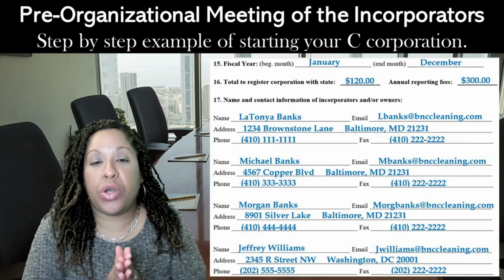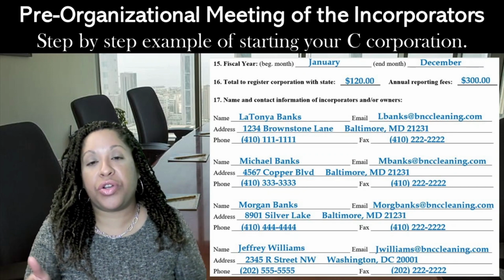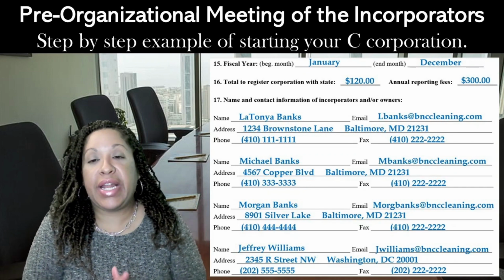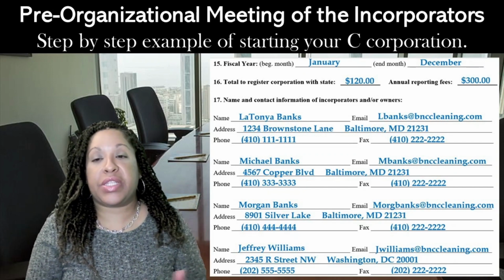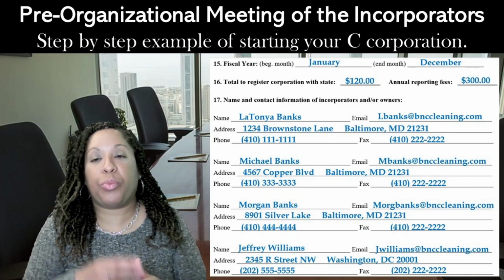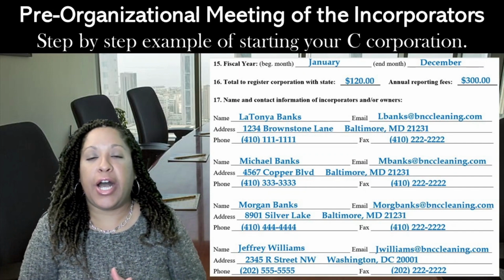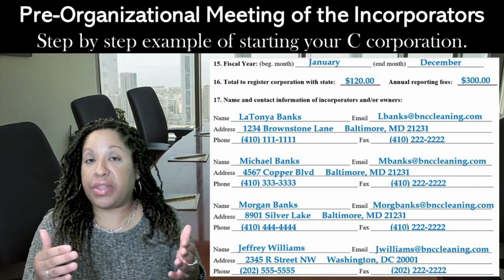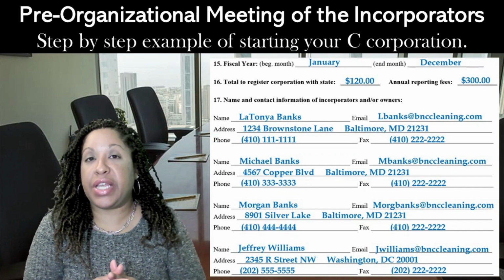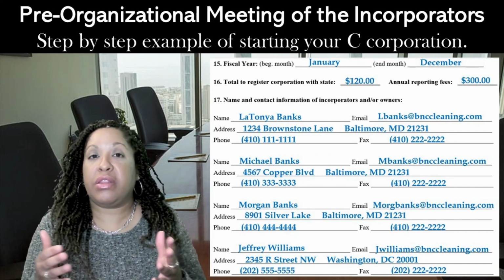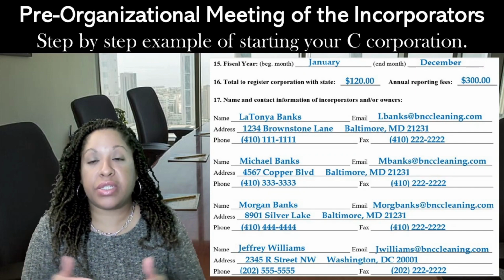Number 16. So you want to know the total cost to register your corporation with the state and any annual reporting fees. Every state does not have an annual reporting fee. I think Ohio does not have an annual reporting fee, but many states do. So you want to look that up on the Secretary of State's website for your state to get the costs.